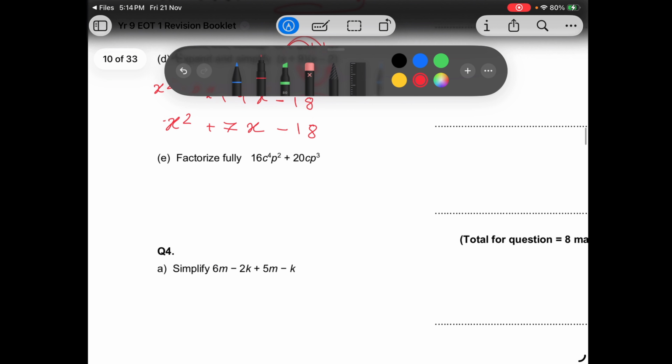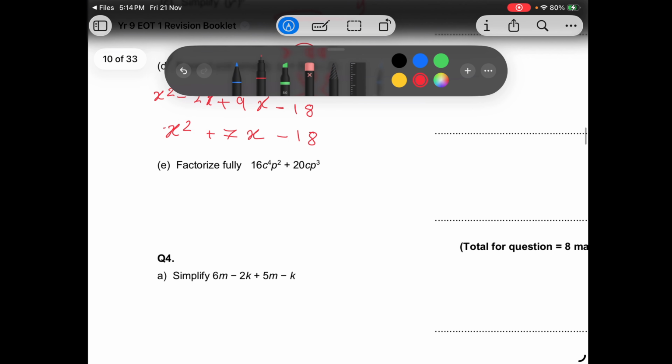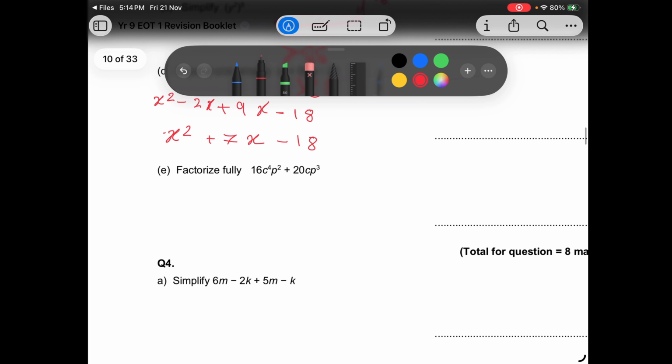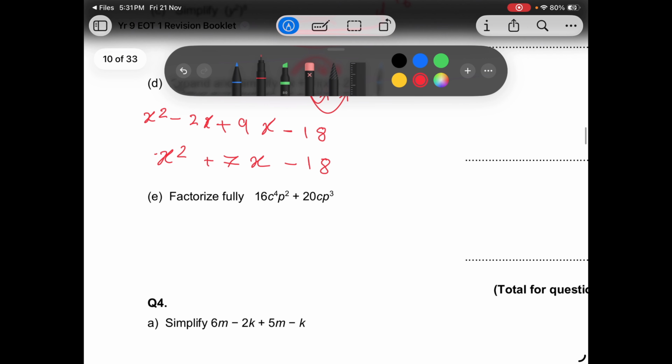Here's my last problem. Factorize fully: 16c to the power of 4 p squared plus 20c p to the power of 3. I will write this here.